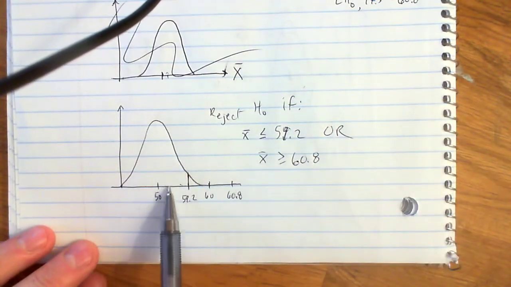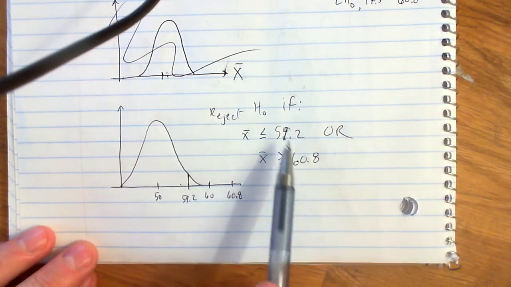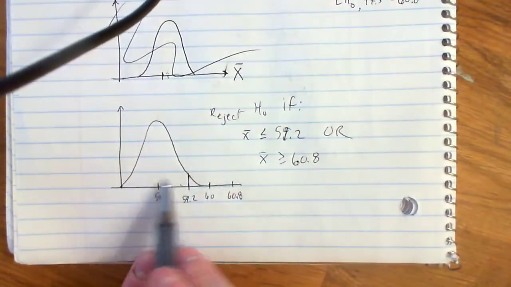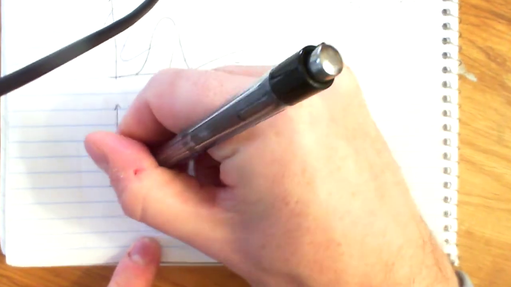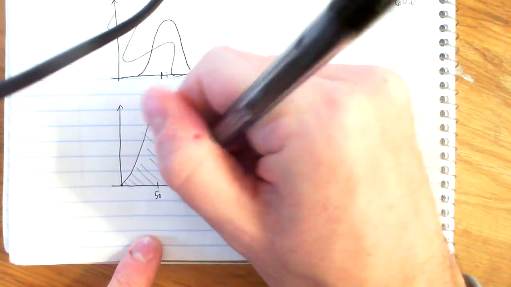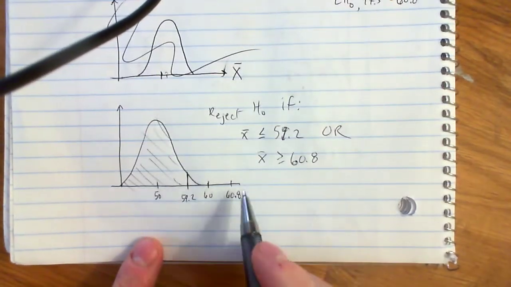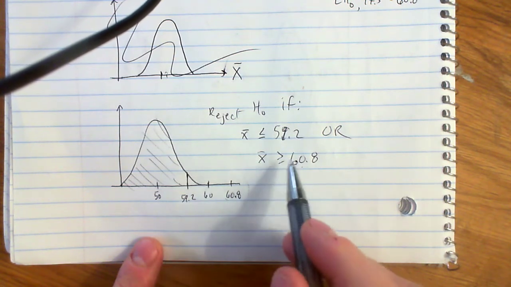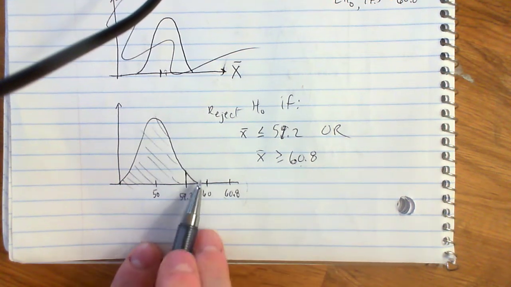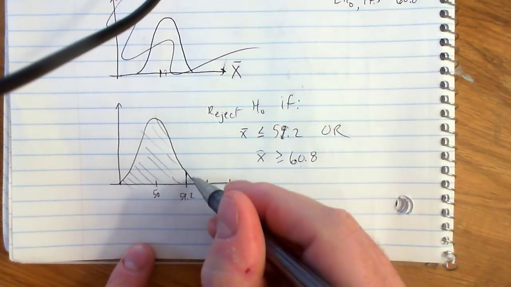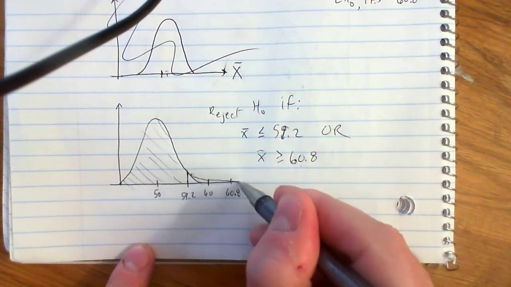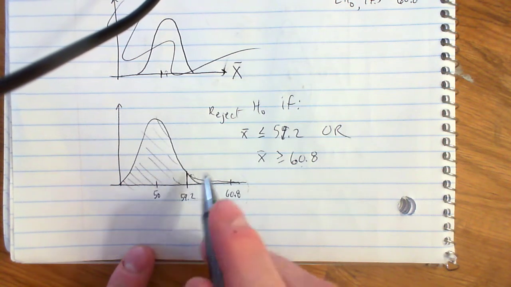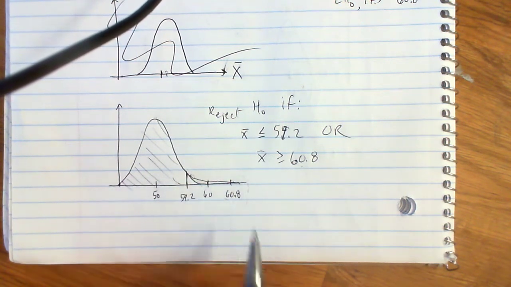Down here, we're looking at how rare these events really are. Less than 59, that's usually what happens. Less than 59 is all of this area. Greater than 60.8 is so small, that's going to be negligible. Maybe the graph extends like this and gradually goes down, and there's some tiny area to shade in, but that's going to be negligible.